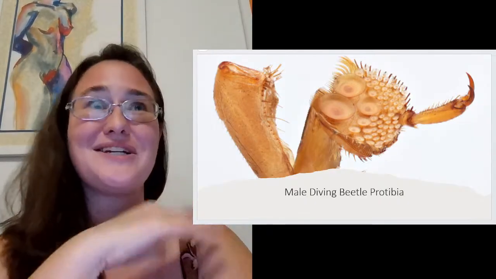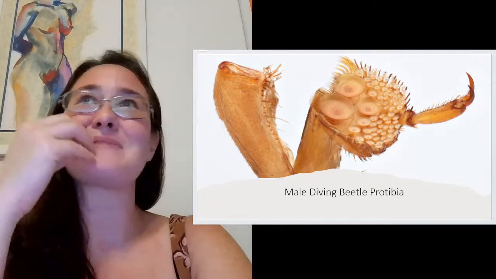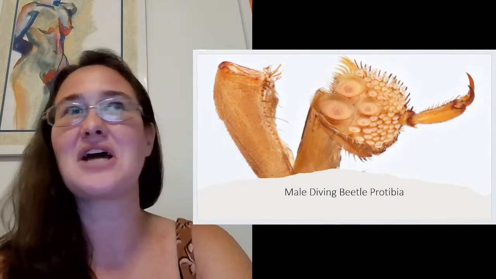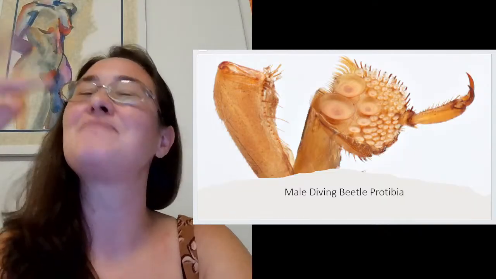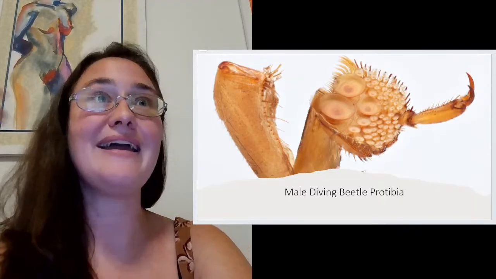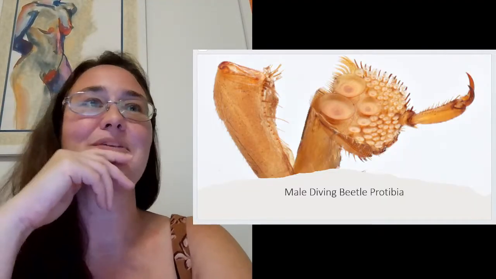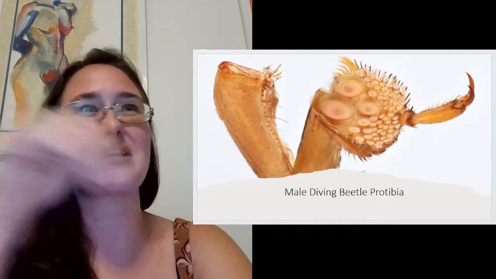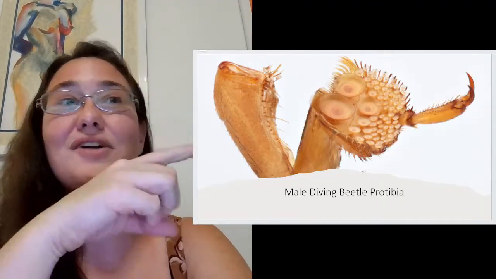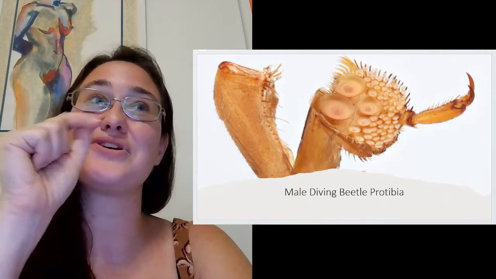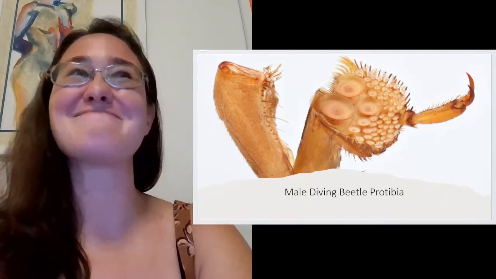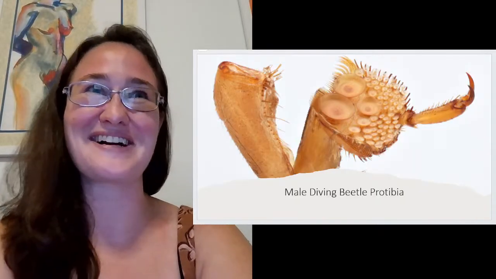What I would probably do is come up with the ability to excrete some type of really slippery chemical, right? Maybe even from in between the pronotum and the elytra, there's that little bit of a soft region. I wonder if the female diving beetles could produce a chemical that would make them slippery, specifically during mating, so that the suction cups didn't work.